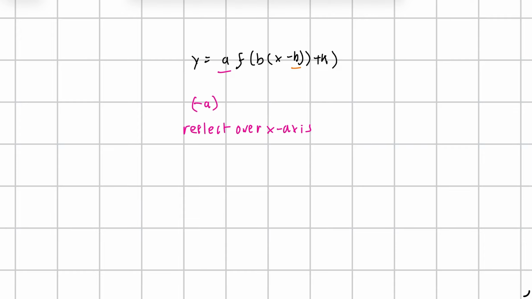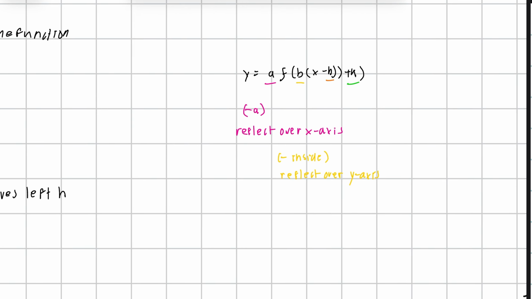That is your horizontal shift. You have a b on the inside. That's horizontal stretch or compression. And if you have a negative inside, this is going to mean you reflect over your y-axis. And the k is going to be a vertical shift.